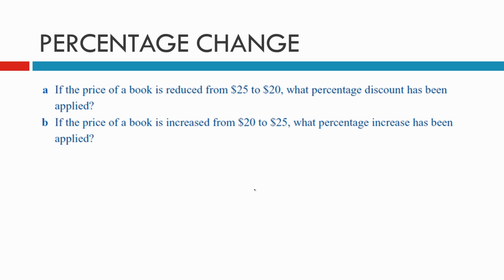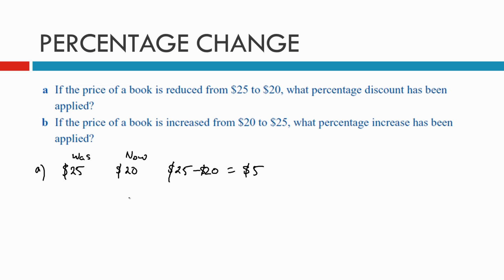A, if the price of a book is reduced from $25 to $20, what percentage discount has been applied? So it was $25. Now it's $20. So the difference between these two is 25 minus 20, which is $5. So we've reduced it by $5.